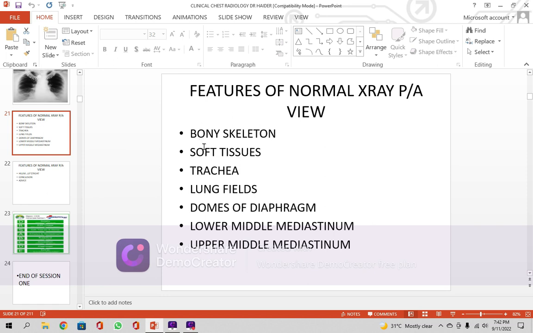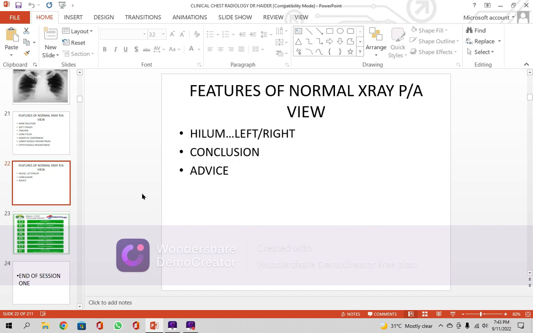The protocol is that first of all the bony skeleton will be seen, then go for the soft tissue, then trachea, lung fields, domes of the diaphragm, lower mediastinum, upper mediastinum, and hilum left and hilum right should be studied separately.